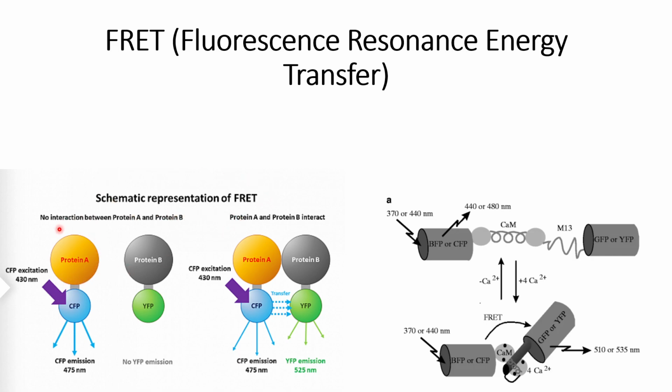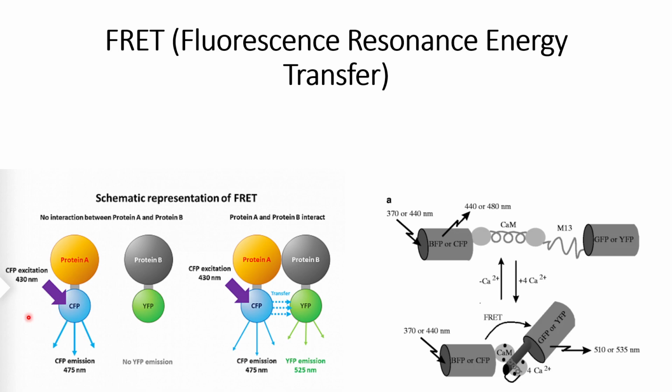Consider a protein that has a reporter, the CFP reporter. The energy at which it is excited and emitted is 430 nanometer and 475 nanometer respectively.